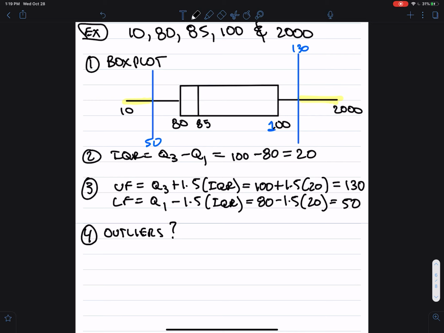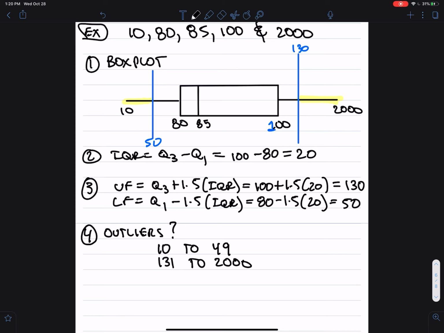So the numbers 10 to 49, do not put 50, it's going to be a number less than 50. And then the number next to 130 is going to be 131. 131 to 2000 contain outliers.